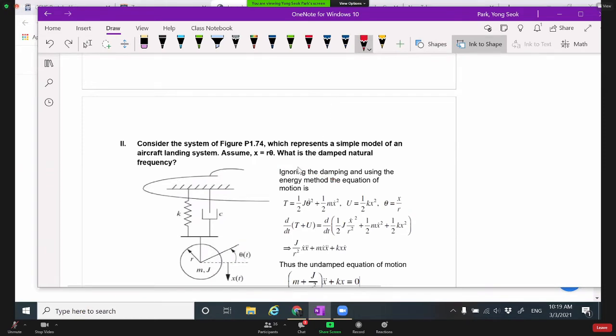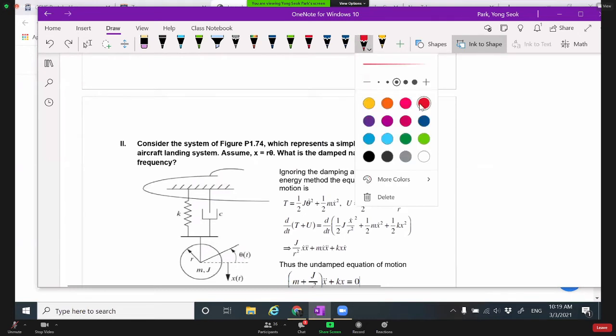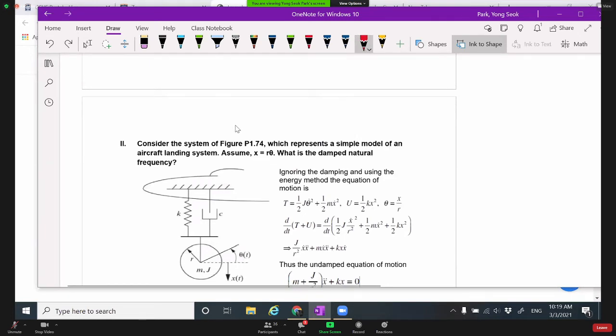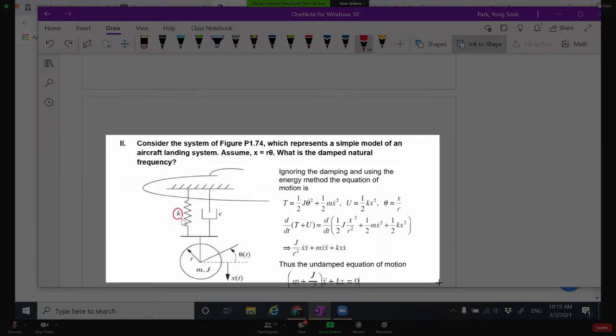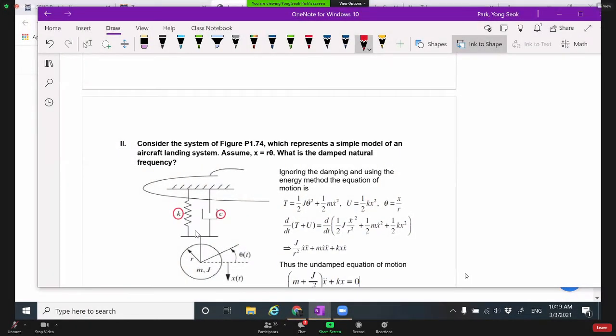But anyway, let's read carefully, okay? This was one of the exams. You need my explanation. So this is a simple model of the aircraft, okay? Then this is a shock system, suspension system, right? That's composed of two parts. One is a spring and damper.